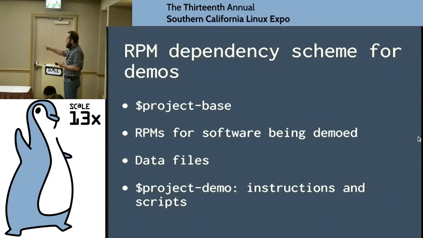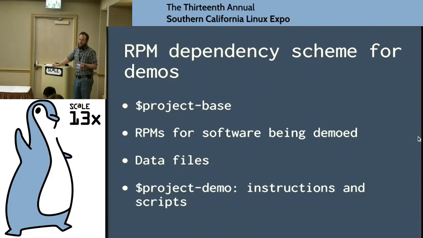And then finally, the top level RPM, the one that depends on all of these. It'll depend on the data files and the software RPMs, and the data files and the software RPMs will depend on base. The final top level RPM is just name of project -demo.